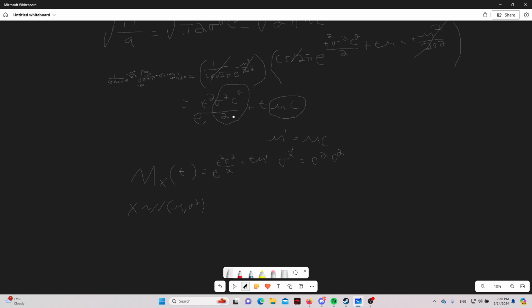And so these are the same two moment generating functions, which implies that they're the same distribution, except we have scaled that distribution by the factor of c.